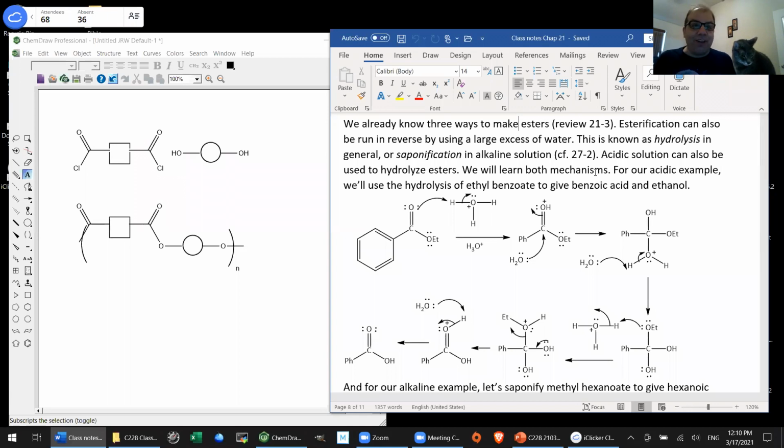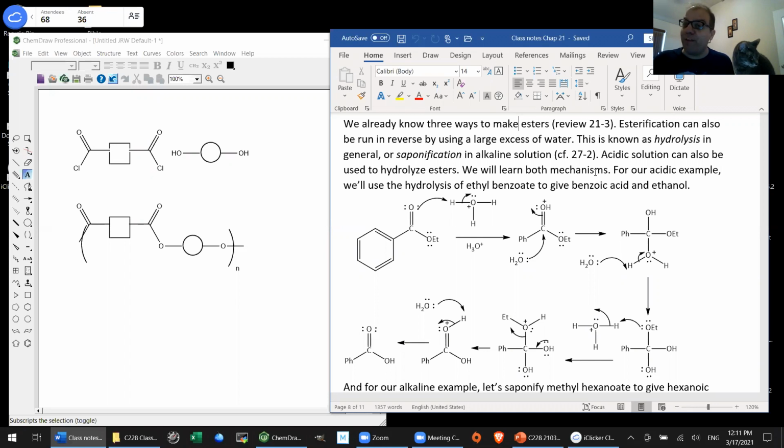Goodness. Okay, so in that case, you'll just do an SN2 reaction, and you'll get the ester. That's another perfectly acceptable way of making an ester. And actually, I think it's just about the only way if you're making phenyl esters, so esters where the alcohol is phenol.